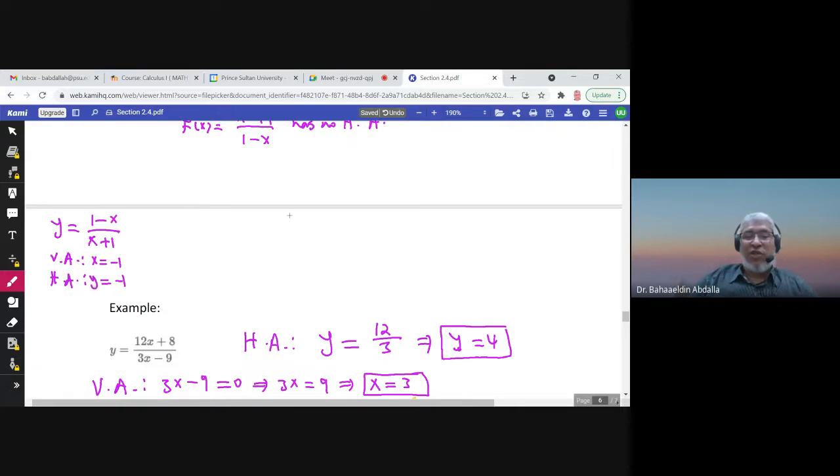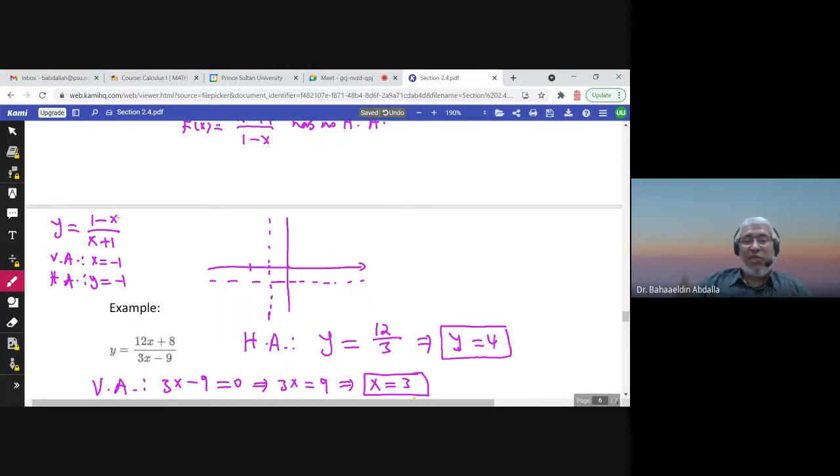So for this function, x equals negative 1 is a vertical asymptote, y equals negative 1 is a horizontal asymptote. So we have 4 squares, 1, 2, 3, 4. Where is the graph? You come to negative 1, the vertical asymptote. Choose 0, a number to the right, a number to the left of the vertical asymptote. I'll choose 0.